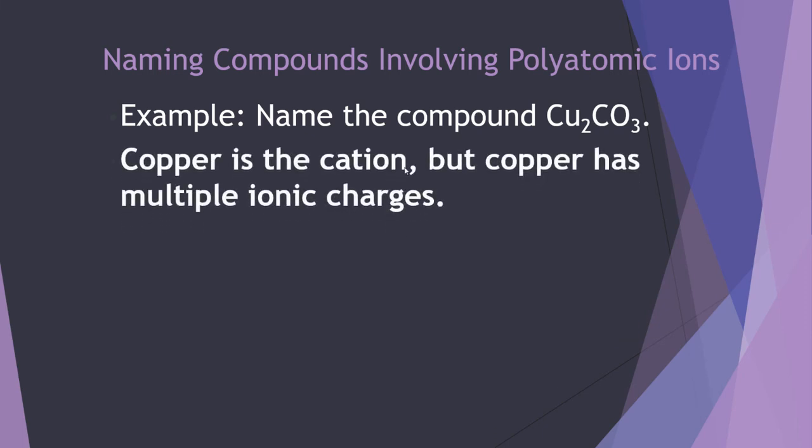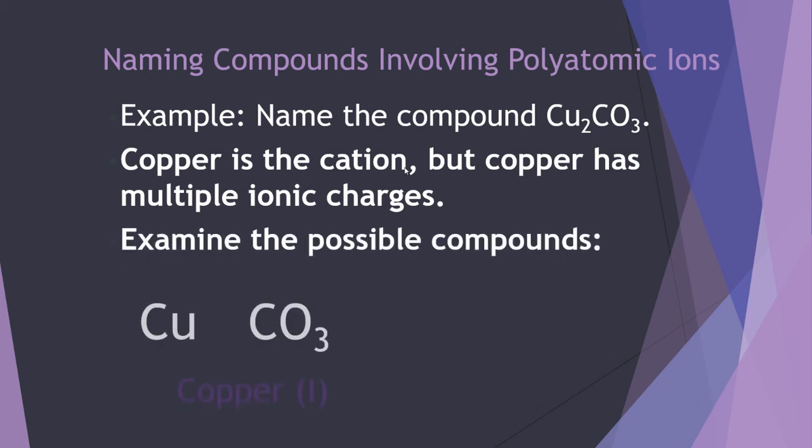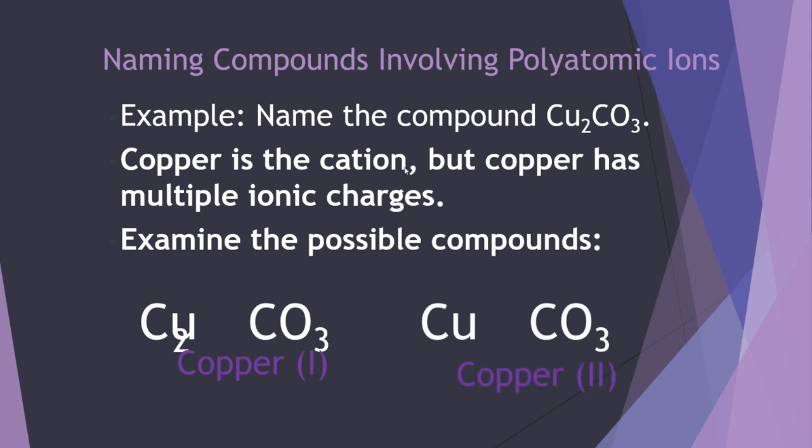Copper is the cation. The copper has multiple ionic charges, so we have some possible ones. We've got possibly Cu with a 1 charge, which gives Cu2CO3. The other possibility was copper that has a positive 2 charge, and that would be our formula.